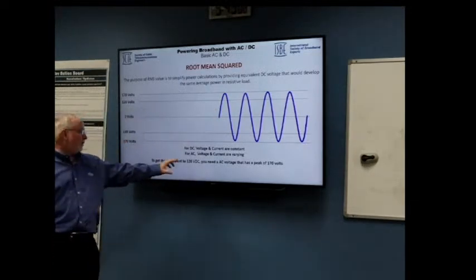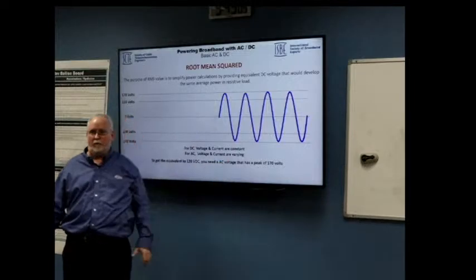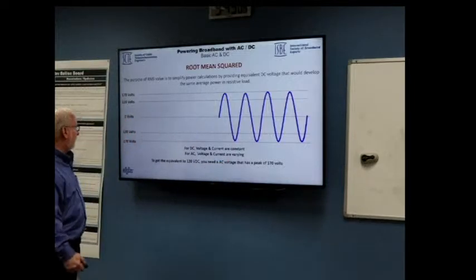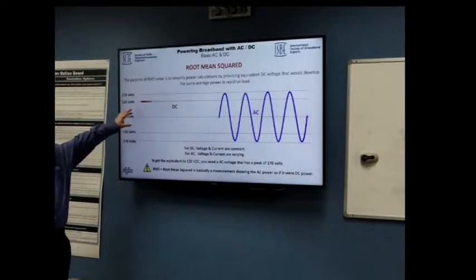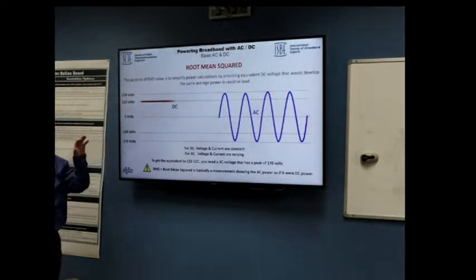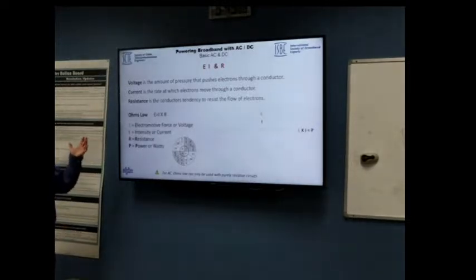So to get an equivalent of 120 volts DC, you need an AC voltage with a peak of 170. So this is the DC equivalent of that AC waveform when it's rectified, filtered, and such. Ohm's law and Watt's law both apply all the time.